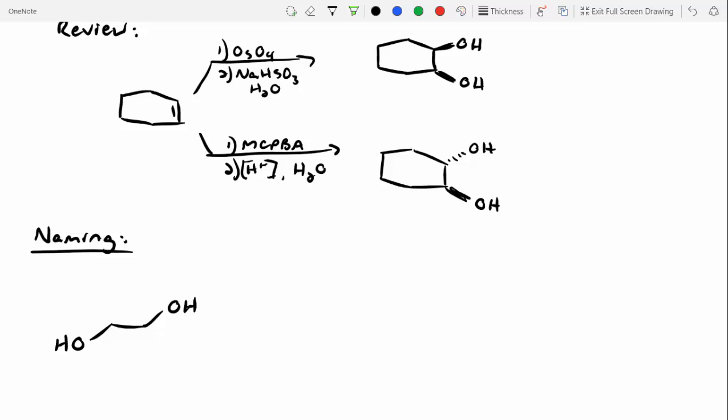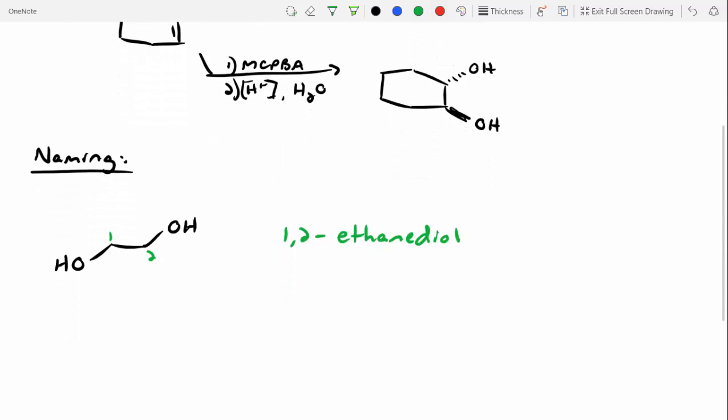So what do you think the parent name is going to be? Eth, okay, or ethane because it's an alkane. And if we try to number this, we can say, all right, we've got 1, 2. Oftentimes you'll see this written as 1,2-ethanediol to indicate that we've got 2 alcohols coming off of the 1 and 2 position.